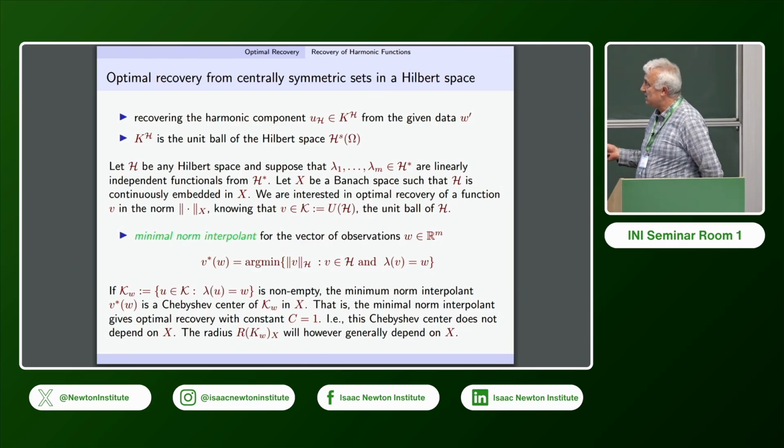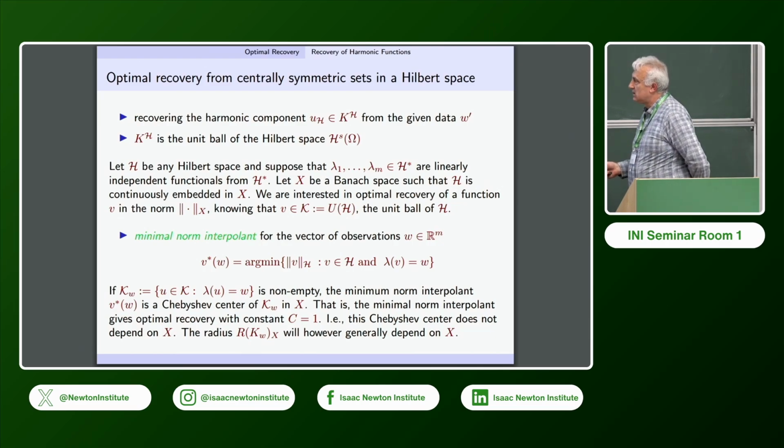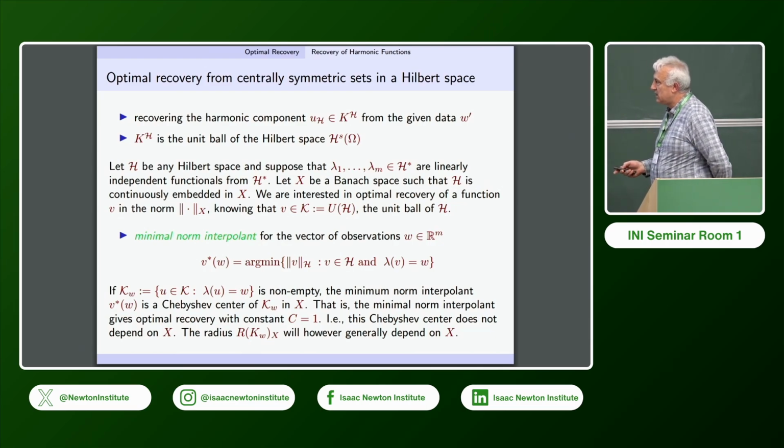But in fact, when we have a Hilbert space and centrally symmetric sets like the unit ball, then we have this minimal norm interpolant for the vectors of observations, and therefore the recovery in this case gives us that the Chebyshev center of KW is exactly the minimal norm interpolant defined here.